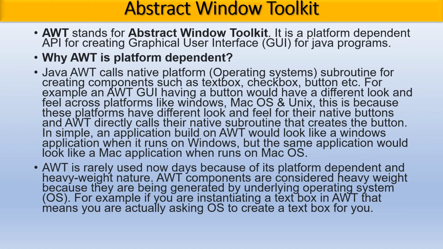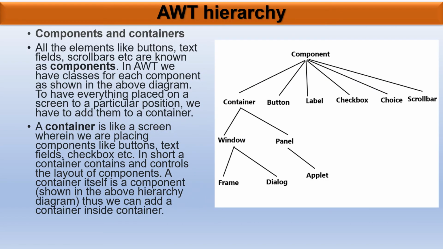So a very important thing here, we can conclude that Abstract Window Toolkit is a platform dependent API for creating GUI for Java programs. Here is the AWT hierarchy.